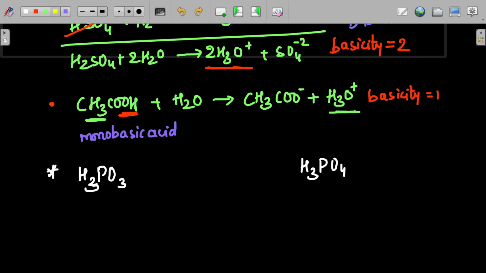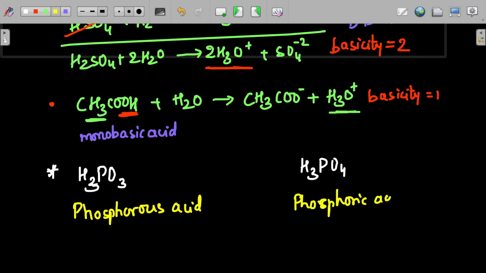Can anybody tell me the name of these two? What is H3PO3, H3PO4? This one is phosphorus acid, and this is phosphoric acid.